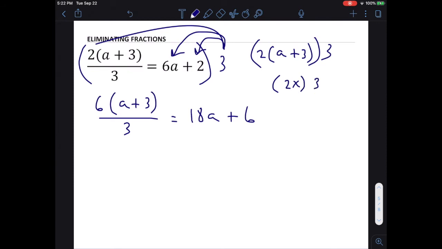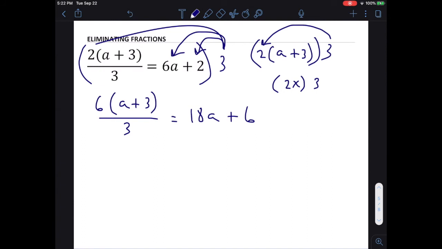Well, when we multiply it by 2x, we don't multiply the 3 by the x and the 2, we just multiply it by the 2. And the reason is because between the 2 and the x is multiplication. And between the 2 and the A plus 3 is multiplication. So that's why we only multiply this 3 by the 2 over here and not by the two things that are inside the parentheses. Okay, I hope that helped.